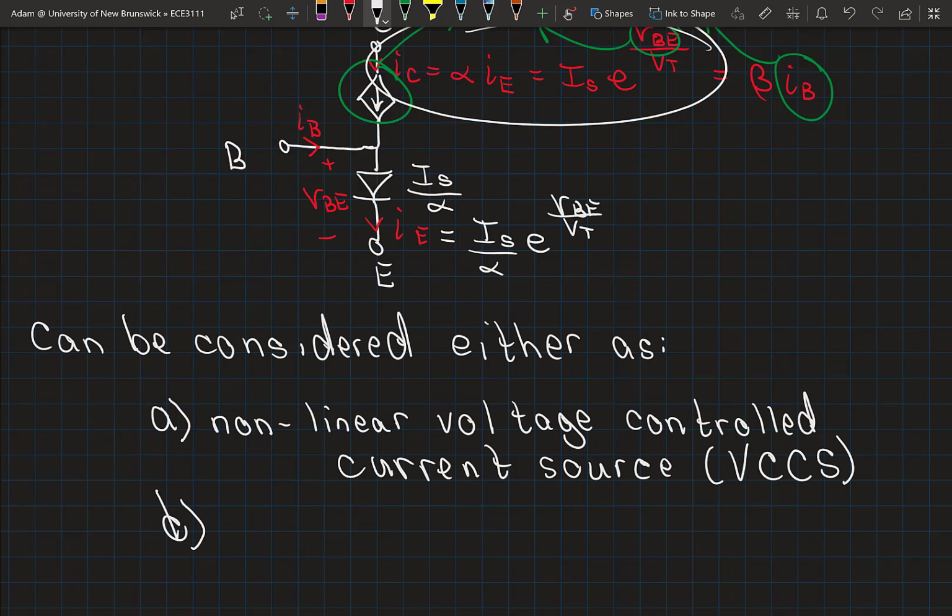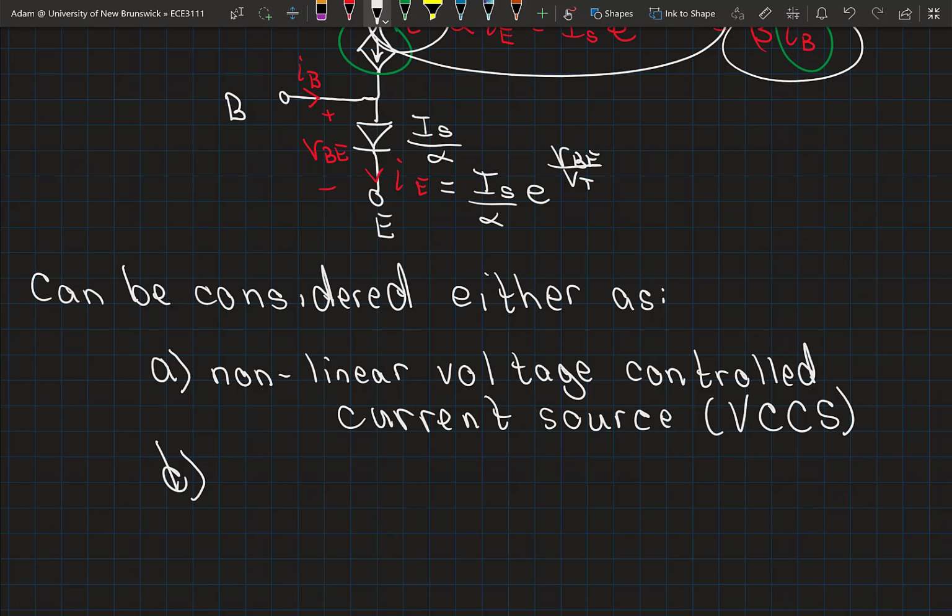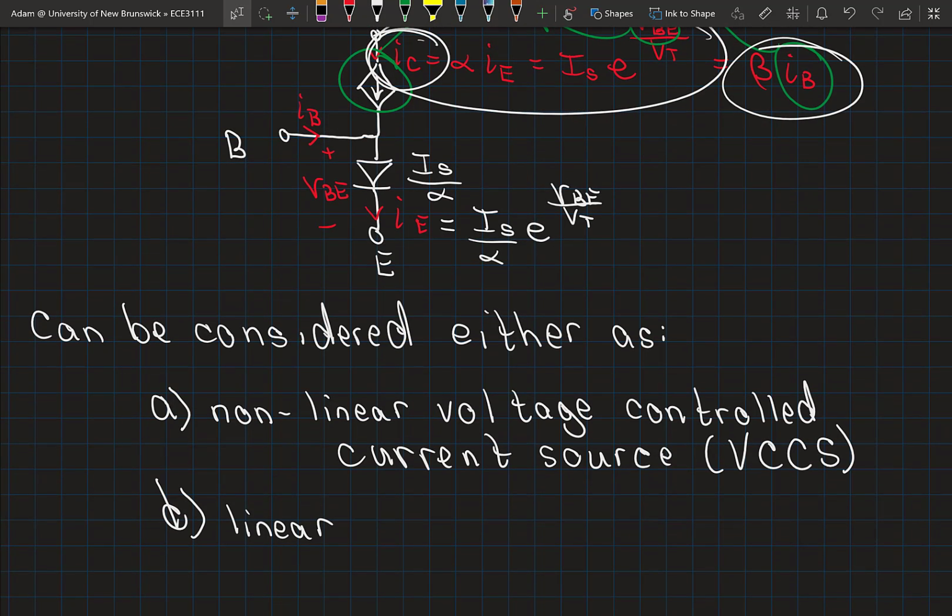Or if you focus on this relationship between base current and collector current, we can think of it as a linear relationship, because they're related through the common emitter current gain beta.